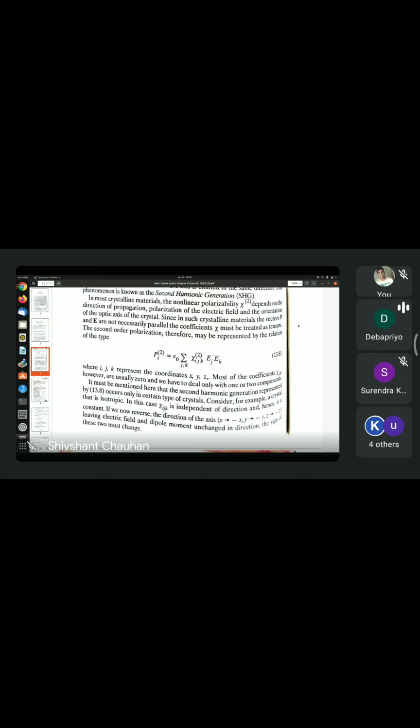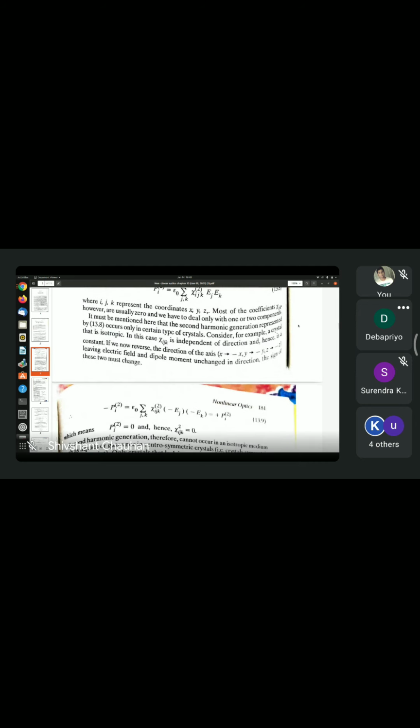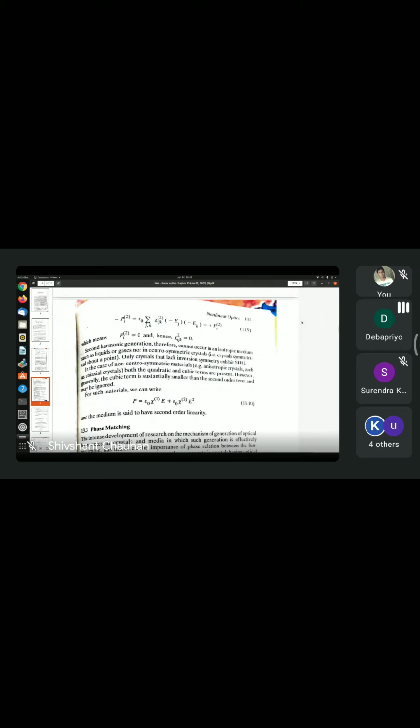So let us go to the next page. Let us raise the display. Now see, in equation 13.9, they show the effect of such a coordinate transformation. Pi has become minus Pi.